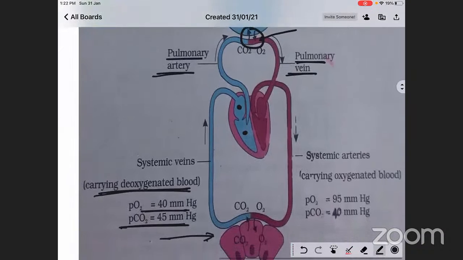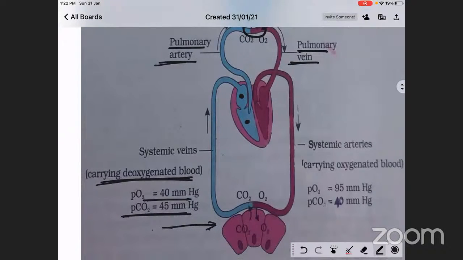We all know that the pulmonary vein and pulmonary artery are exceptions among arteries and veins, because a standard artery carries oxygenated blood, but the pulmonary artery carries deoxygenated blood, and vice versa for the pulmonary vein.